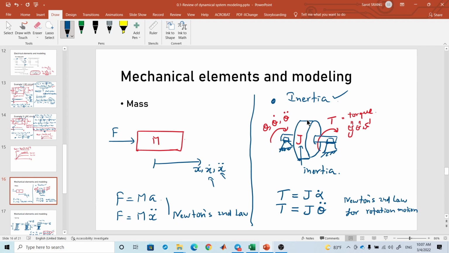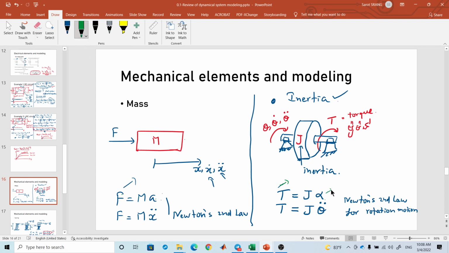How about rotational motion? Very similar, but now you change from force to torque, and you change from mass to inertia, sometimes called torsional inertia. You change from acceleration to angular acceleration alpha.